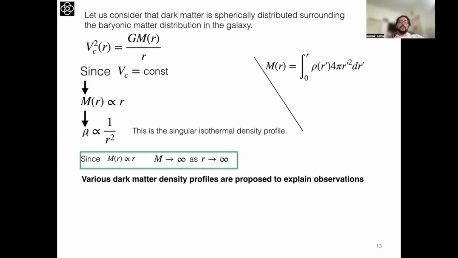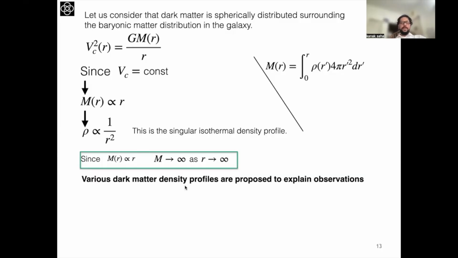And then one can deduce from there, by solving this little integral, that rho, the density of this invisible matter, must be proportional to 1 over r squared. And this is the well-known singular isothermal density profile solution. And since M is proportional to r, M goes to infinity as r goes to infinity, which means that this is also an unphysical solution.